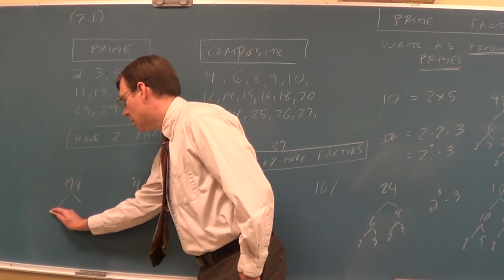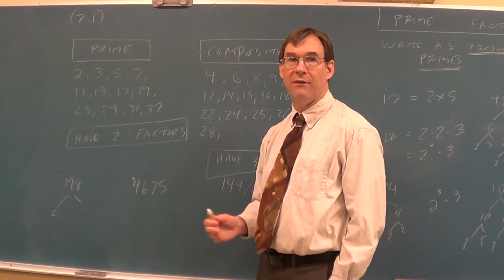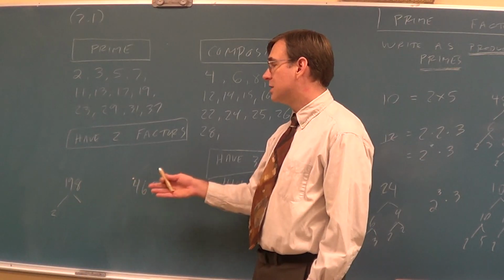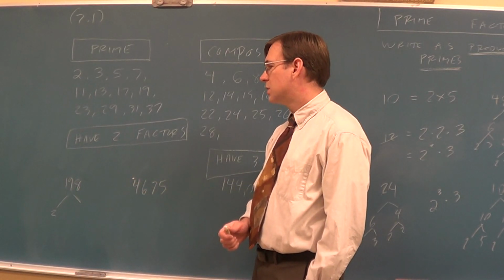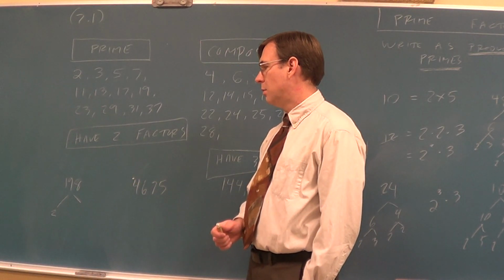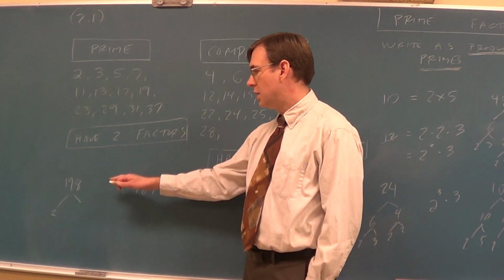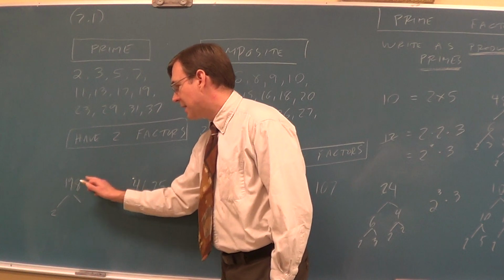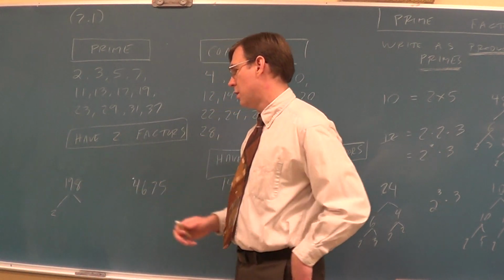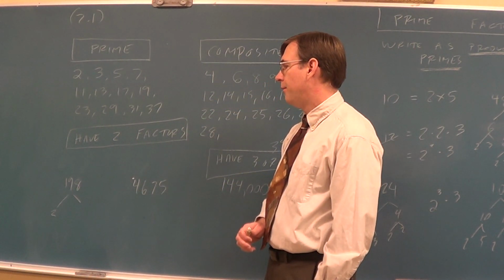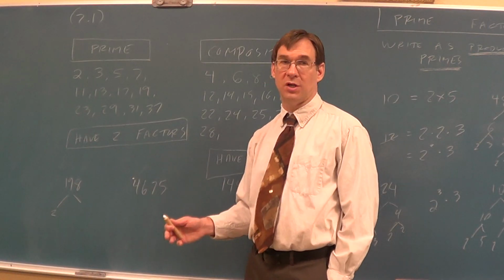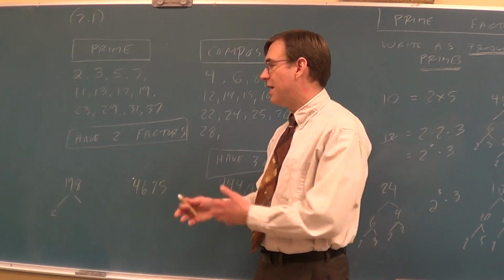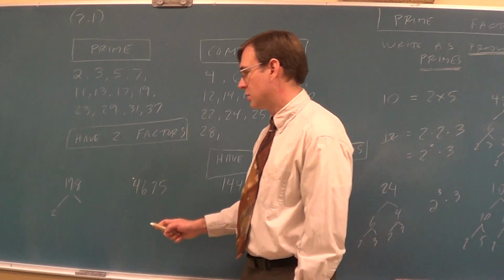How do we know when 2 goes into anything? If it's even. That ends in an even, so 2 goes in. What's another number we could have spotted without too much trouble? 3. How do you know 3 will go in? Because you add them all up. If we add those digits up, that adds up to 18, so 3 would have gone into that. 6. Since 2 and 3 both work, 6 would work. But we just have to find something to get us started.